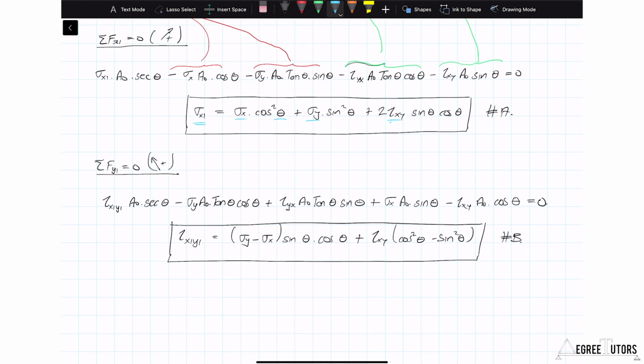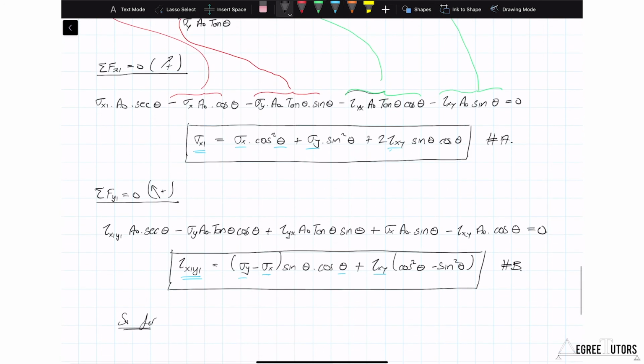Because the one we've just worked out gives us the shear stress on that inclined plane as a function of the normal stresses, or the stresses on the horizontal and the vertical plane, and the shear stress on the same horizontal and vertical plane, and theta. Okay, so what have we got so far?